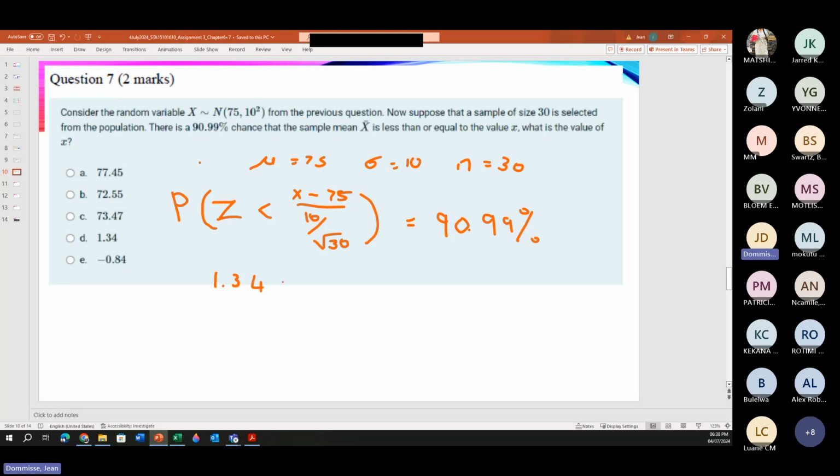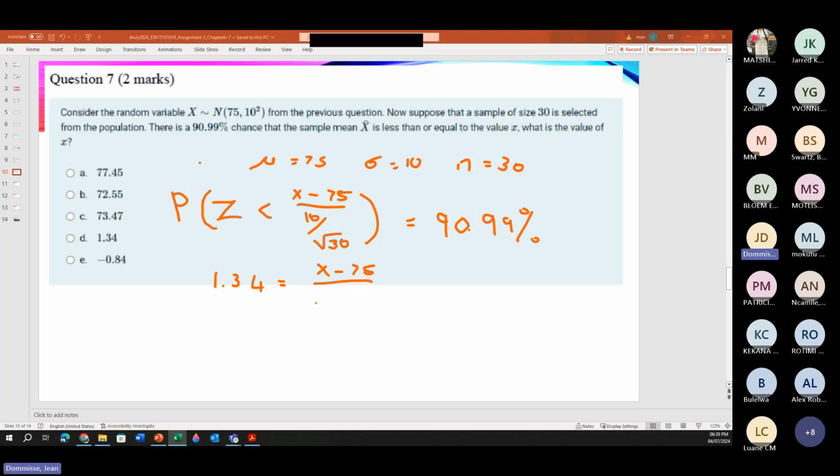And now we're following the same process as in the previous one. We just need to now work with fractions and not just one number. So 10 divided by the square root of 50.